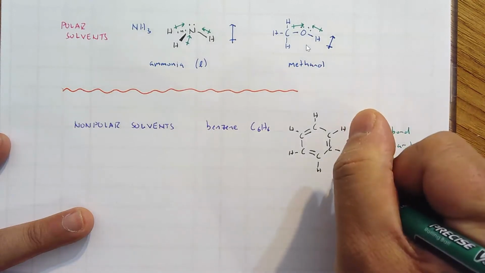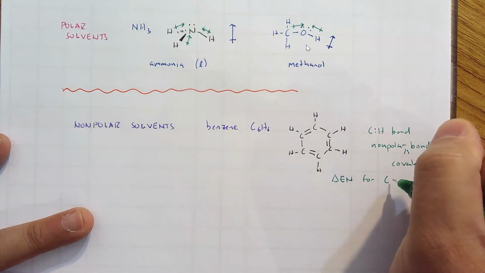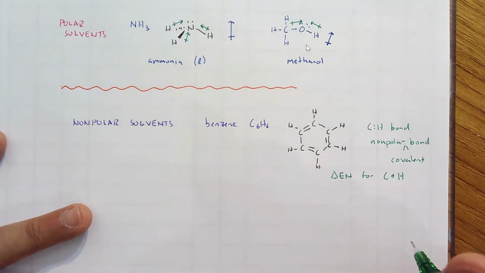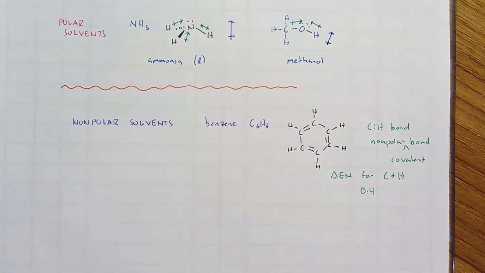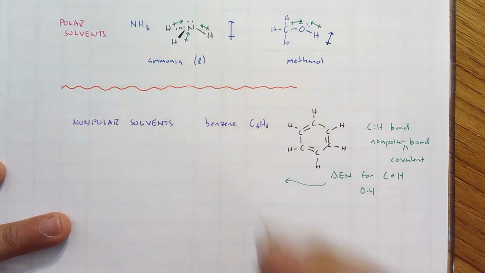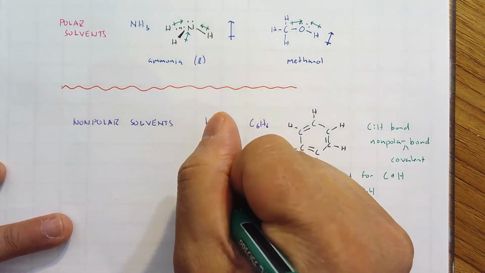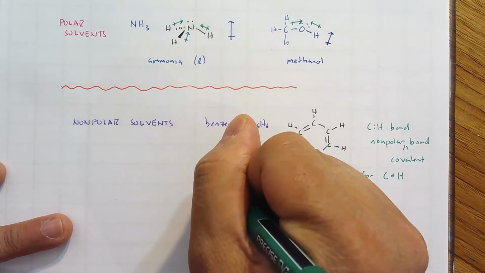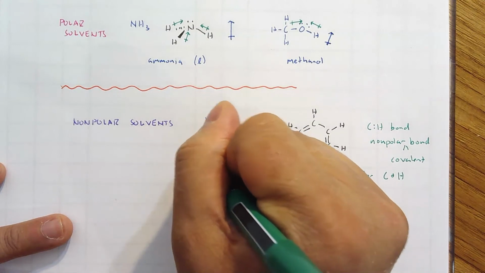That's because the difference in electronegativities for C and H is very small, around 0.4. So the cutoff is typically 0.4. If you have an electronegativity difference between 0 and 0.4, that is a nonpolar covalent bond.